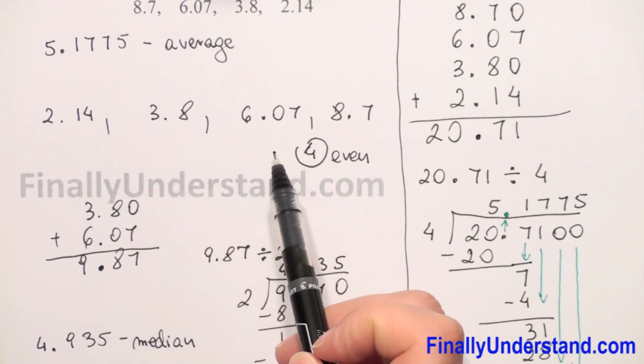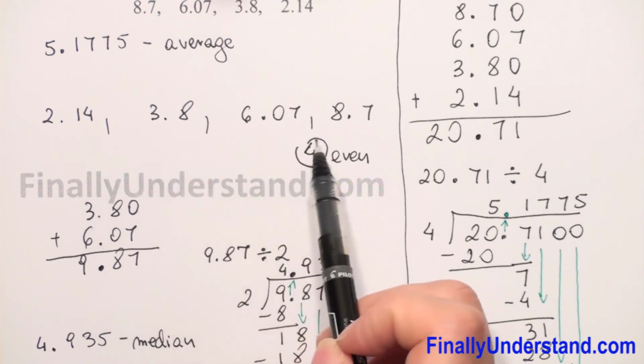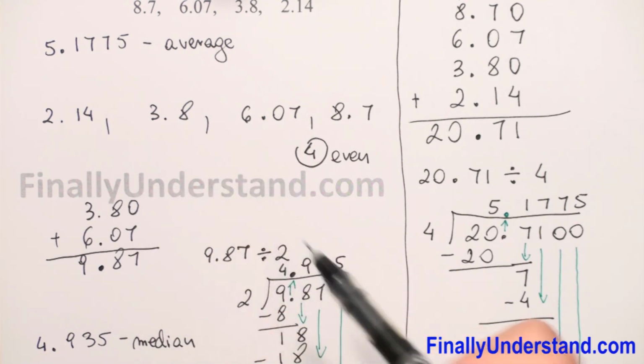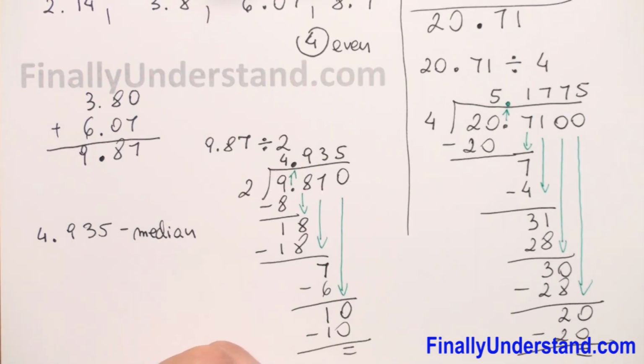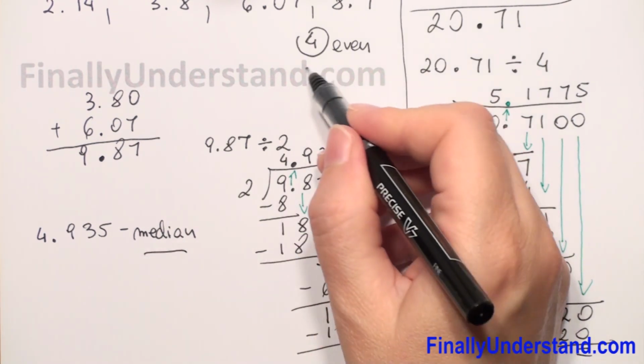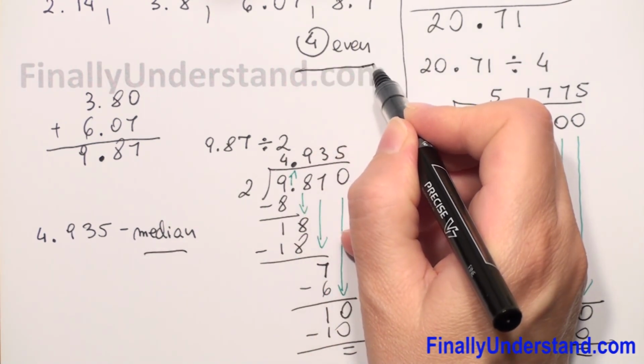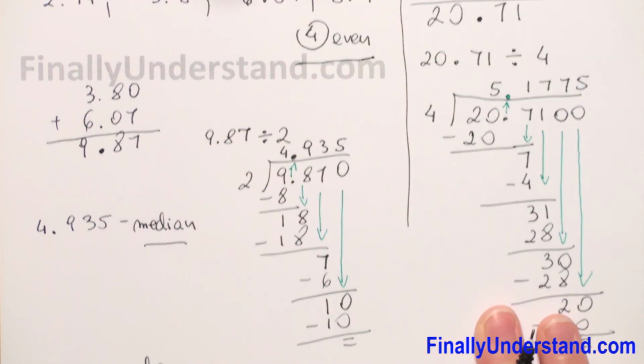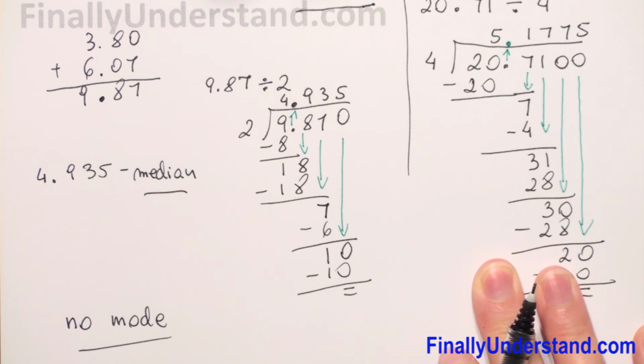So, if every number is different, what does it mean? We don't have a mode. So we can write the solution: no mode. This is my solution.